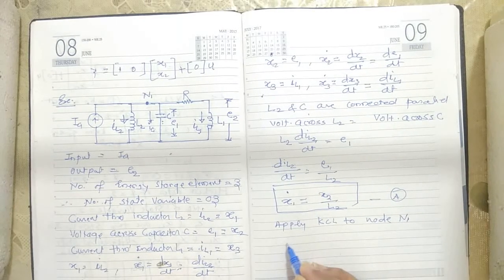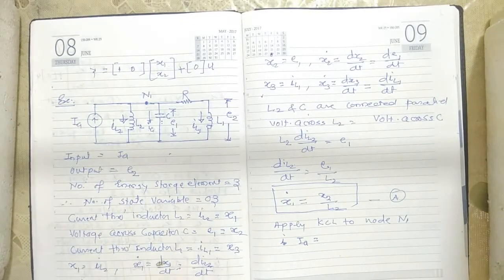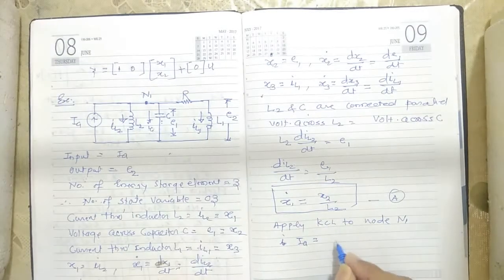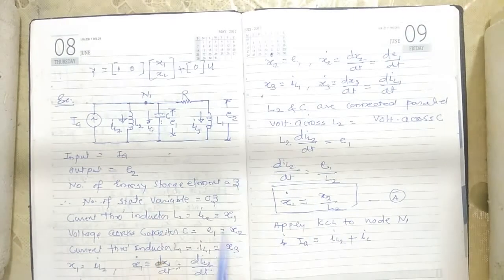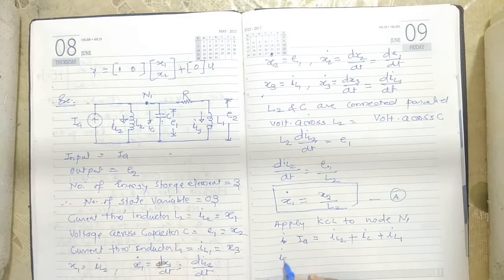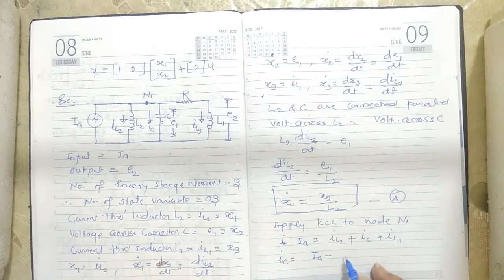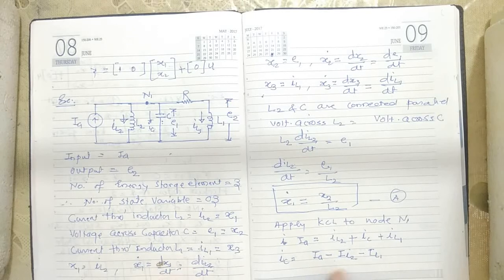So we can write IA equals IL2 plus IC plus IL1. From this equation we can write IC equals IA minus IL2 minus IL1. This is my current equation.